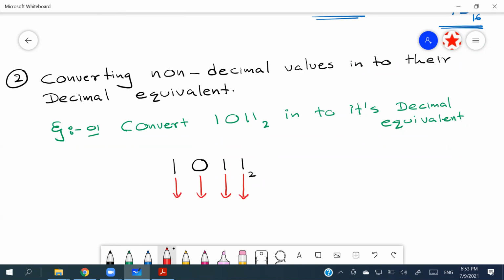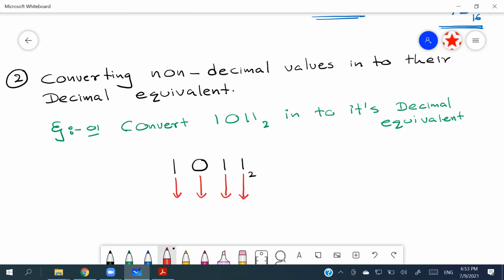Since it is a binary value, you can remember the abacus that we discussed, right? Now, instead of saying ones, tens, hundreds, thousands, we refer to those with the 10 to the powers.